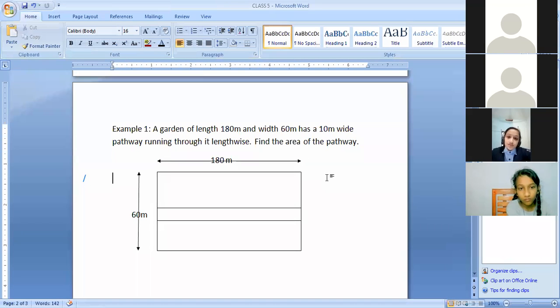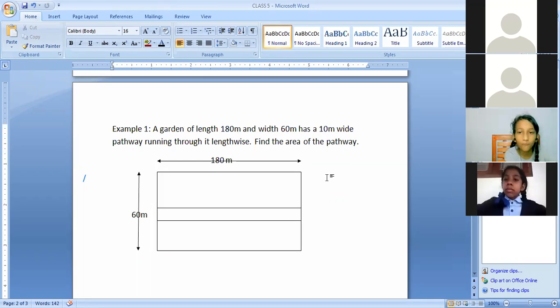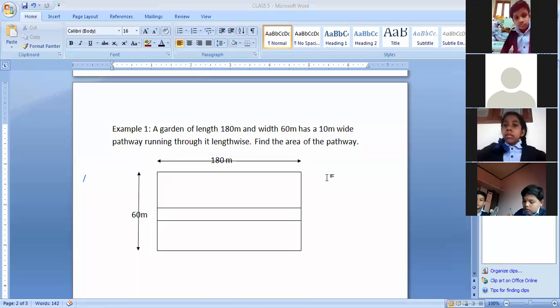Did you understand what is 180 meter and 60 meter from the question? What is 180 meter? Length of the pathway? Actually, from the question, what is 180 meter? A garden of length 180 meter.